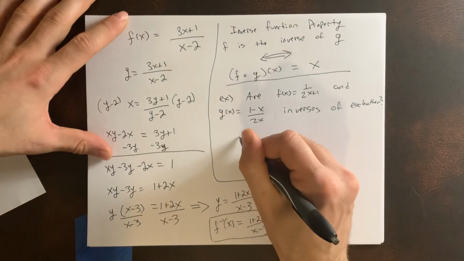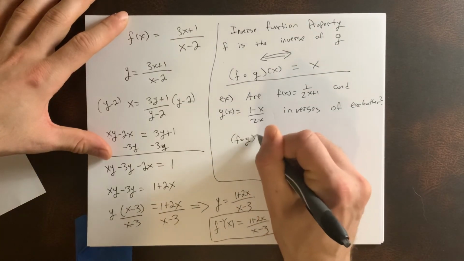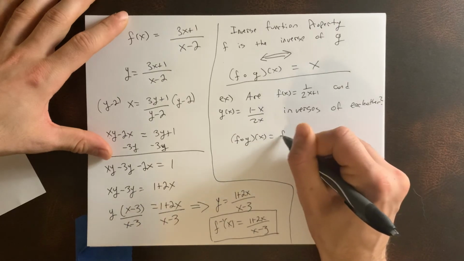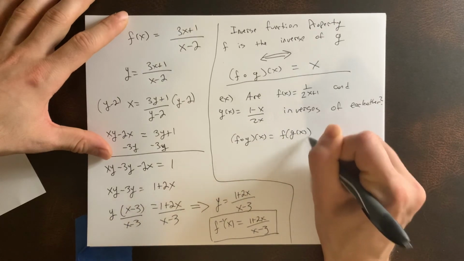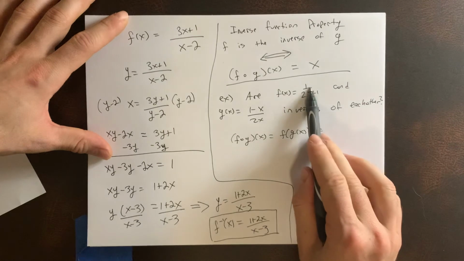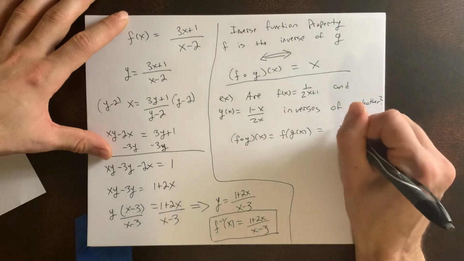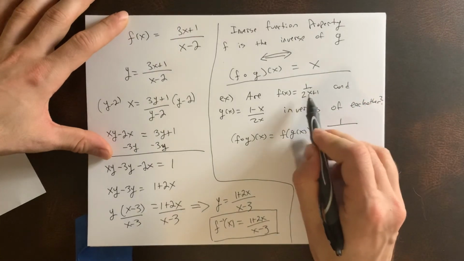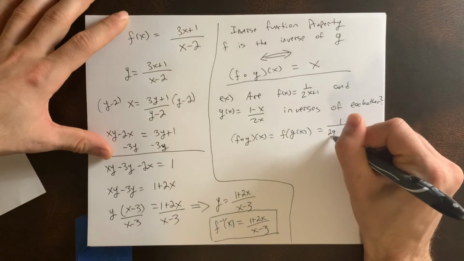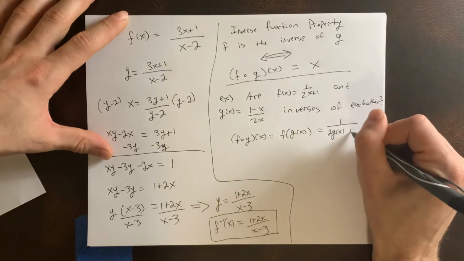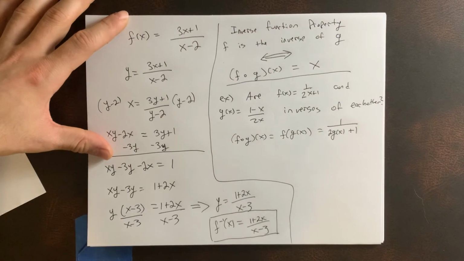So let's find that. If we are going to find f composed with g of x, that just equals f. We plug g of x on the inside. So here's f of x, we're plugging g of x inside of it. So we're going to have 1 divided by 2 times g of x plus 1. Okay, so let's keep simplifying. Here's g of x, (1 minus x) over 2x.